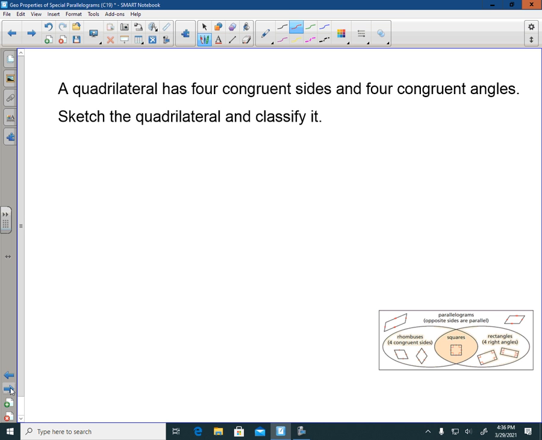All right, a quadrilateral has 4 congruent sides and 4 congruent angles. Sketch it and classify it. Well, let's see. It's a quadrilateral, so I'm just going to throw down 4 sides here, 4 congruent sides. 4 congruent angles. Well, if it's a quadrilateral, all 4 angles have to add to 360, which means that each one of these angles is going to have to be a 90-degree angle.